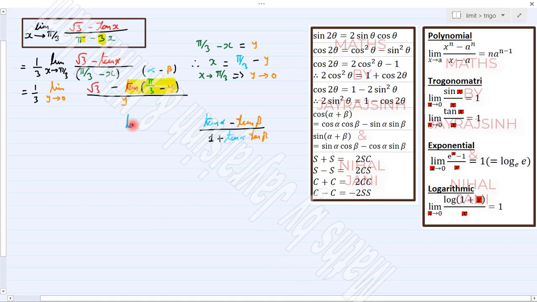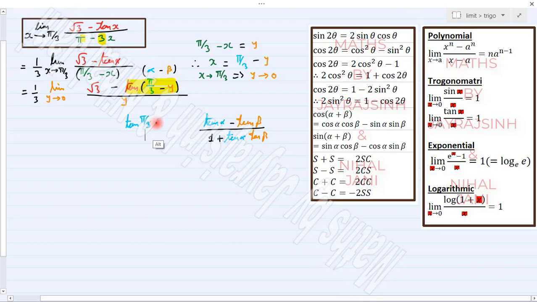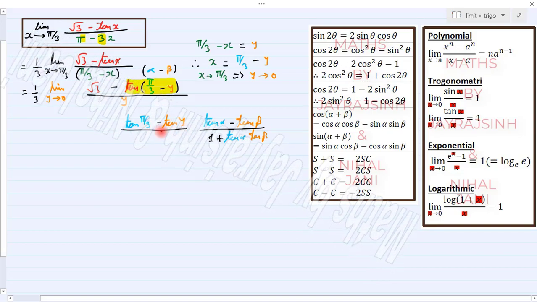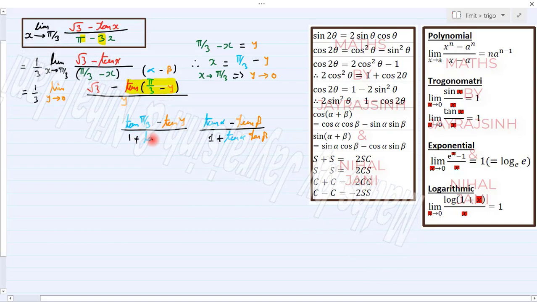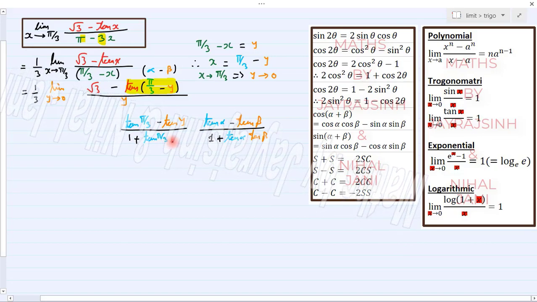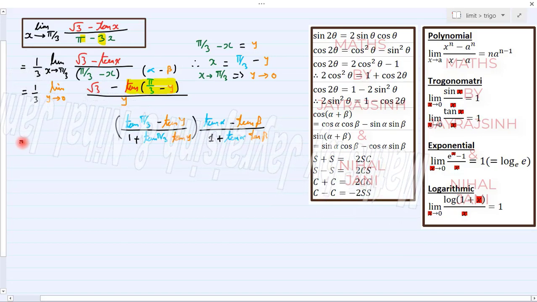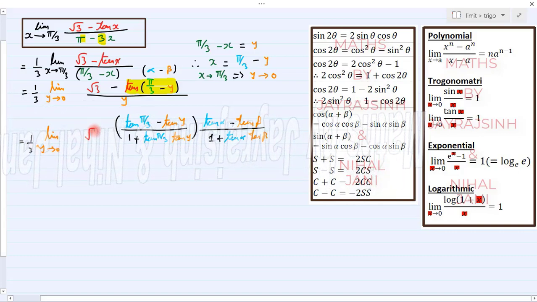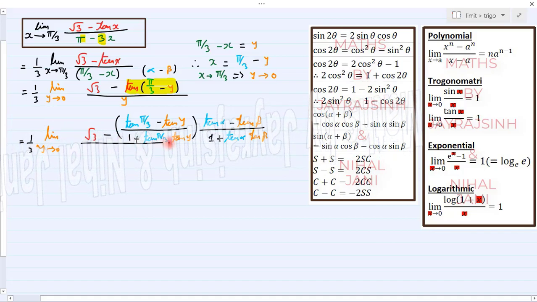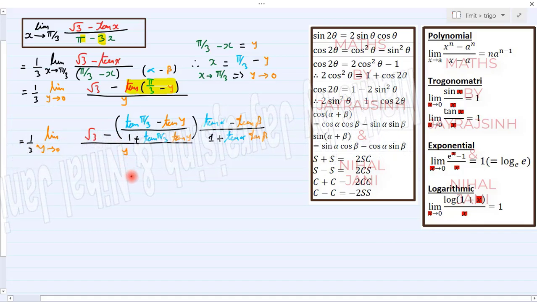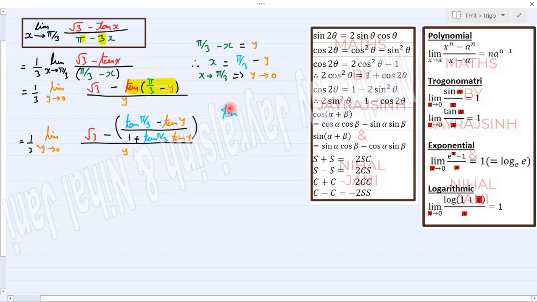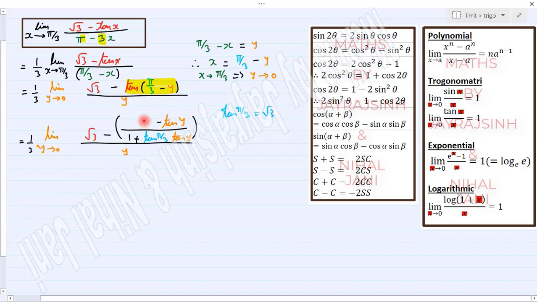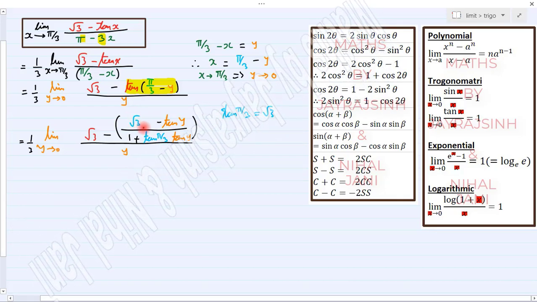So here we'll get (tan pi minus tan 3y) upon (1 plus tan pi tan 3y), and this 1 by 3 limit y tends to 0, root 3 minus, and y will be as it is. Now we all know that tan pi by 3 is nothing but root 3. So let's replace the value of tan pi by 3 by root 3.